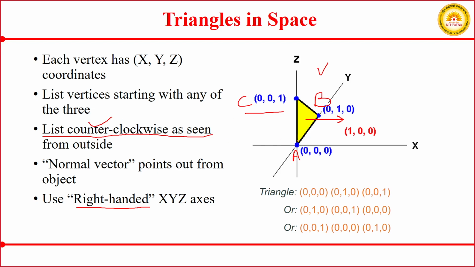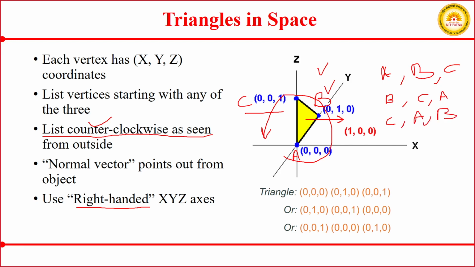In this case, if you move counterclockwise, the vertices will be A, B, and C. Or if you start from B, then B, C, A, because we have to follow the counterclockwise direction when seen from the outer side, or the front side. Or it can be C, A, B.